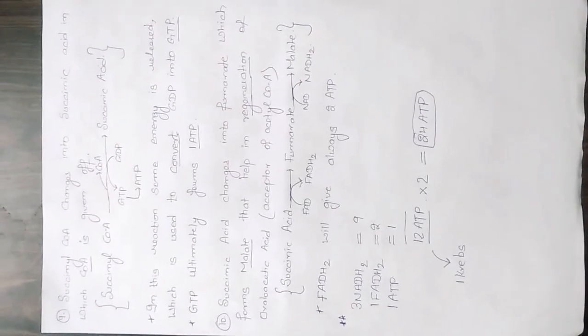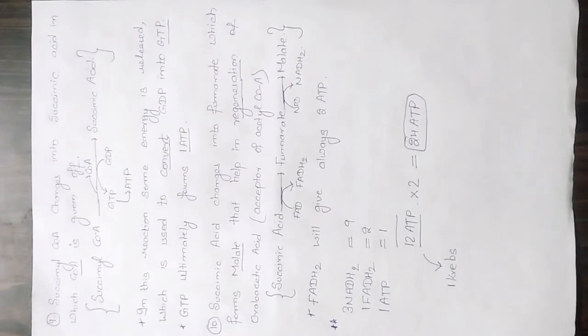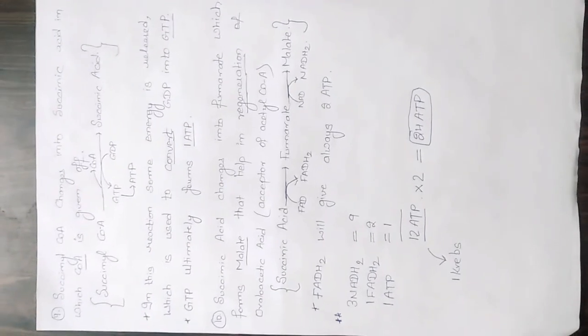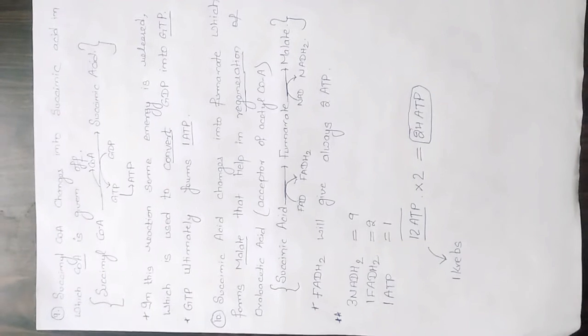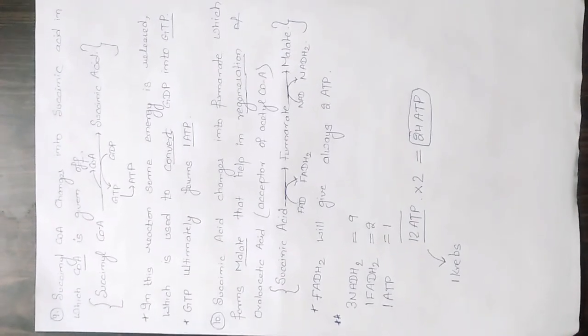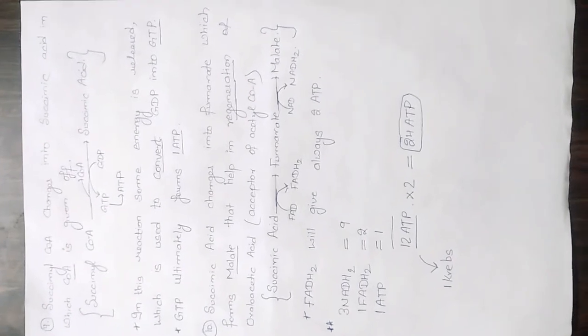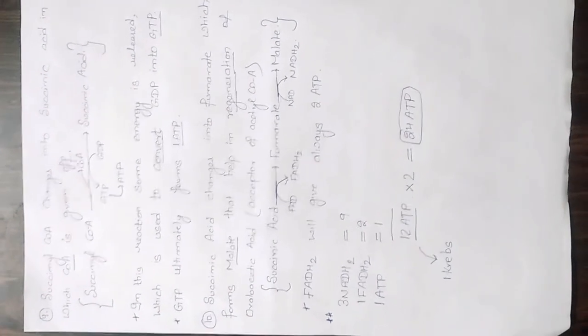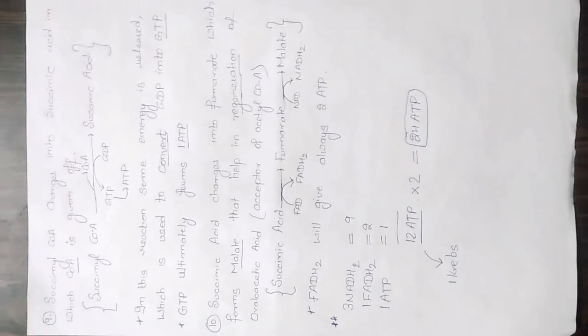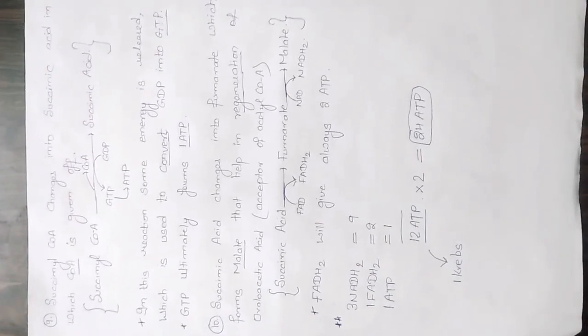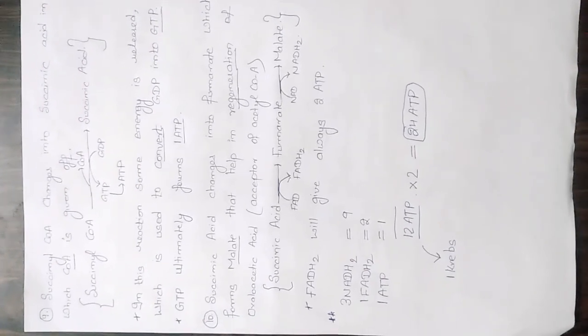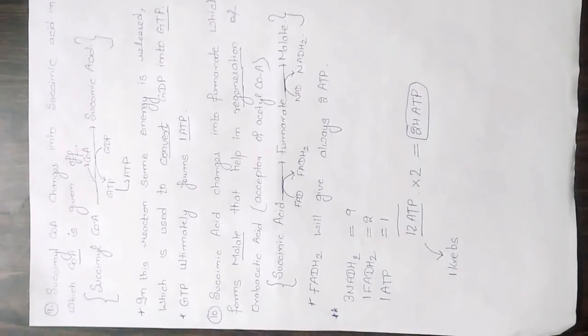It will change into 2 molecules of acetyl coenzyme A, and there will be 2 Krebs cycles. So for one Krebs cycle, 3 NADH2 is equal to 9. Like this, 1 FADH2 will be equal to 2 ATP molecules.